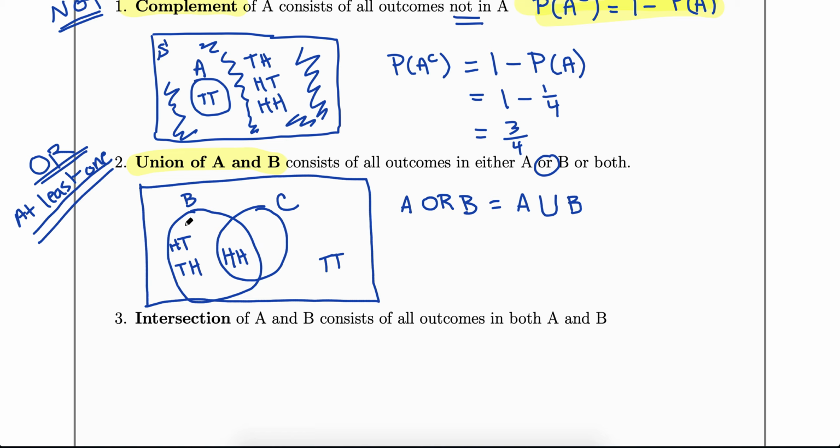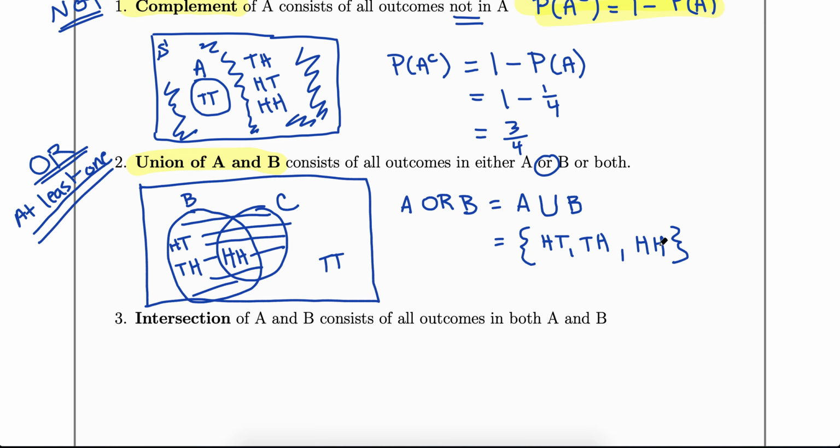And if I'm thinking about shading this, I'm shading everything in one circle or the other circle or both of the circles. All of this stuff, one or the other or both. And you'll notice in our example, everything in one or the other or both consists of heads, tails, tails, heads, and heads, heads.